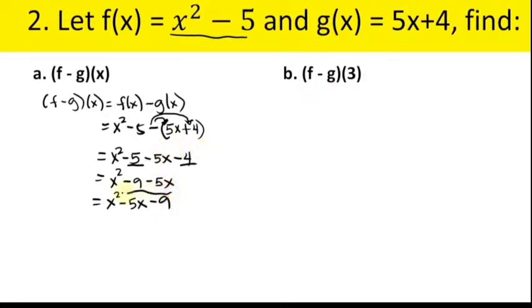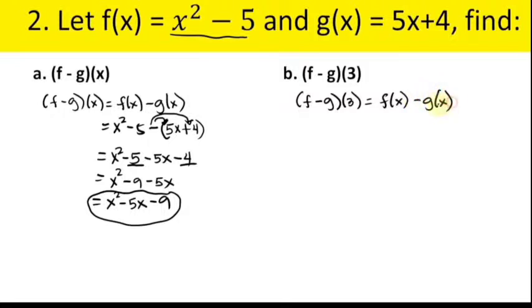And for letter B, the quantity of f minus g times 3, so the value of x is 3. You need to substitute this. We have the formula f minus g times 3 equals f of x minus g of x. The value of x is 3.